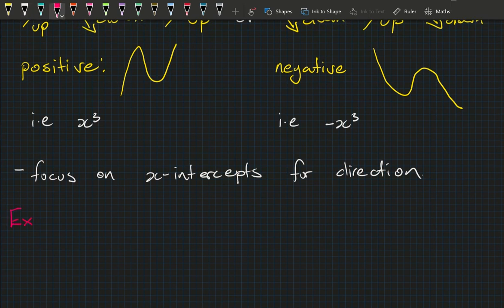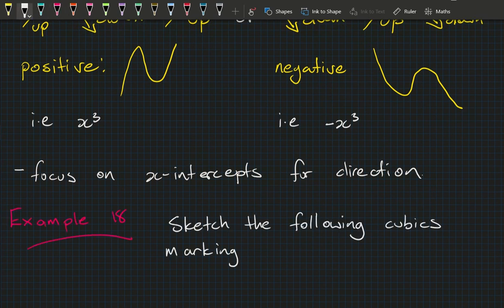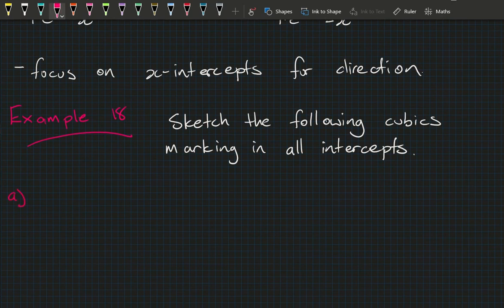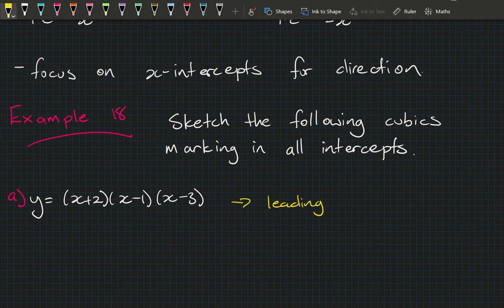Let me make that a little bit clearer by doing example 18, where we'll sketch the following cubics, marking in all intercepts. Our cubic in part A is y equals (x plus 2) times (x minus 1) times (x minus 3). It should be pretty obvious to see I'm going to have a positive leading term of x cubed.